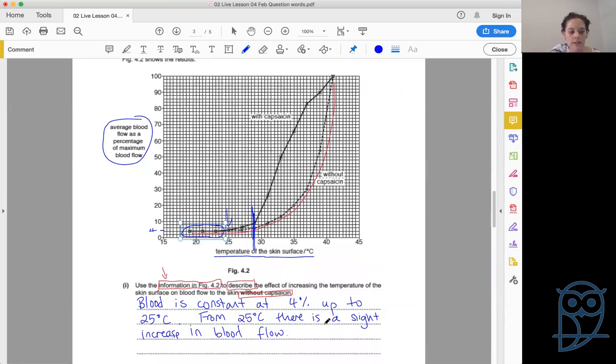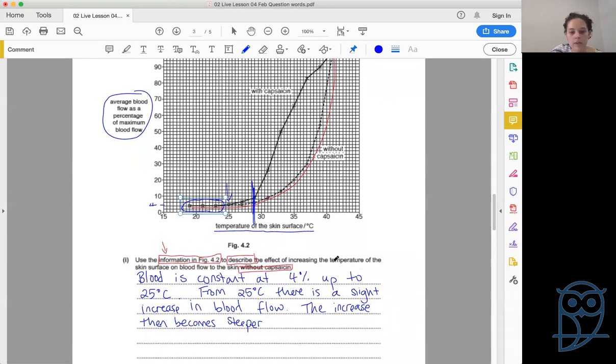Okay, the increase then becomes steeper, to a maximum blood flow of 100% at what temperature?